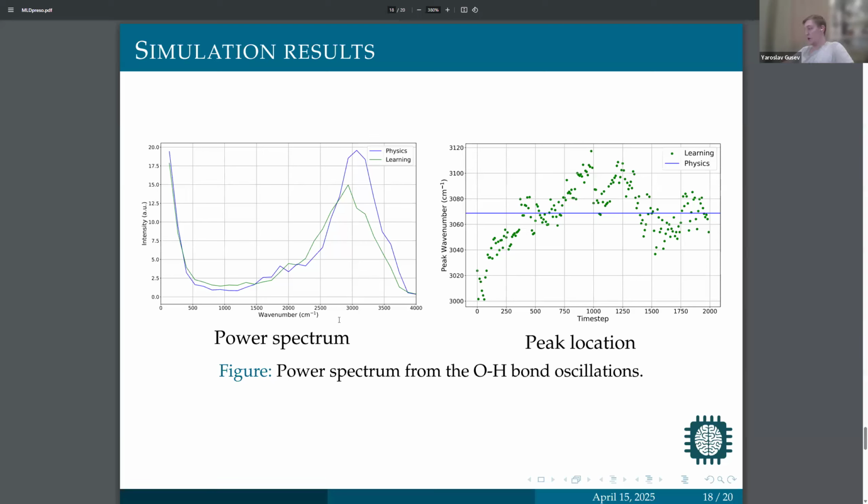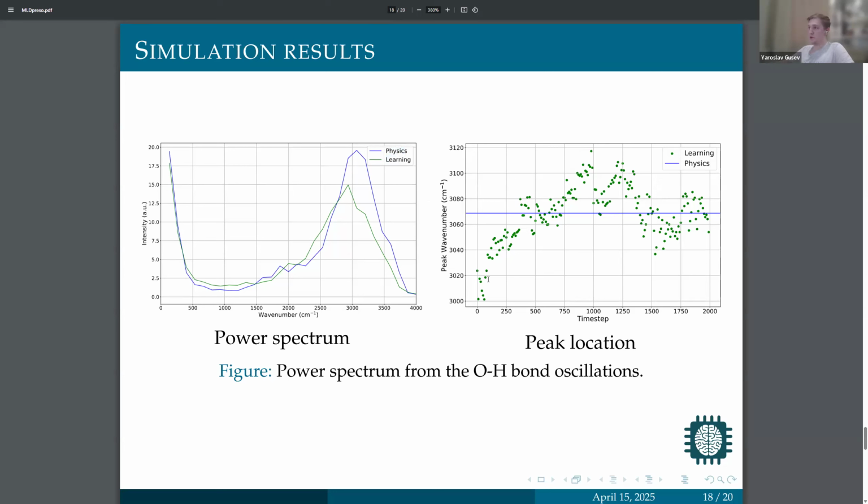This will exactly tell us at which frequencies there are these oscillations. This is the vibrational spectrum of the system, of the molecule. And there is this peak at 3000. There is a certain peak that is present in both the physics simulation and our learning simulation.